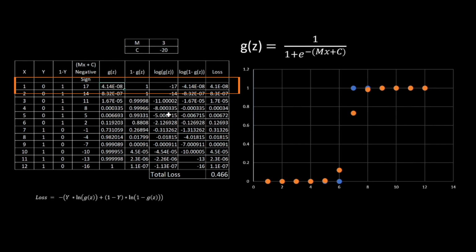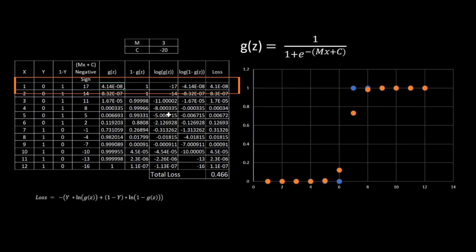You have a very low value, 4.14 multiplied by 10 to the power of minus 8. This is the probability value you are getting, which is very low, and you are giving a low probability of clearing the exam. It means your prediction is correct, and your 1 minus gz will be very close to 1, where 1 minus gz is the probability of not clearing the exam.